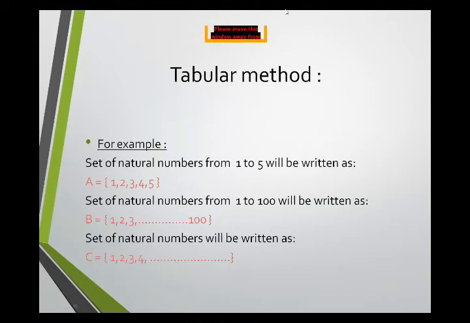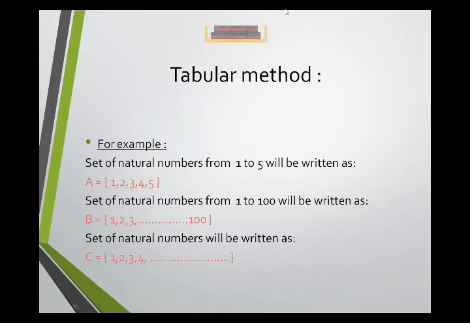The second one is the set of natural numbers from 1 to 100, which will be written as, now here is the second set which we represent by B. B is equal to 1, 2, 3 and up to 100. Okay, here students, how do we write this?